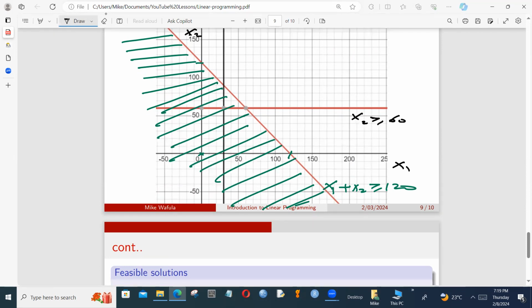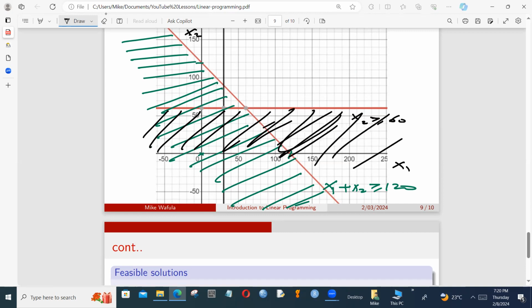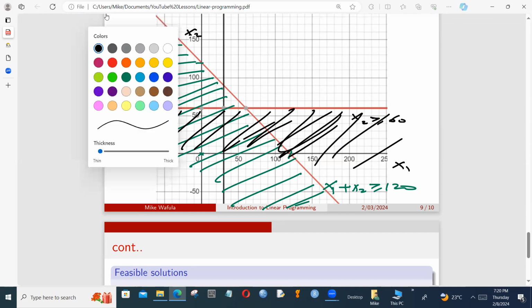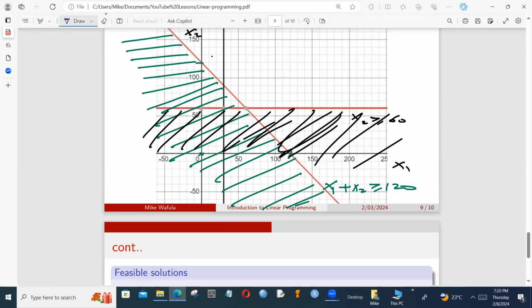So the line x2 equal to 60 is this particular line, and we are looking at values of x2 more than 60. It means we shall be shading the upper side of the line, so that we now have that. And lastly, we have this other inequality, which is talking of x1 greater or equal to 30.